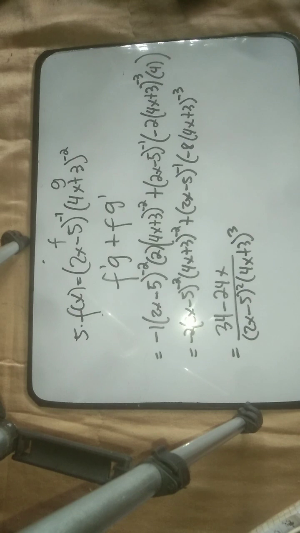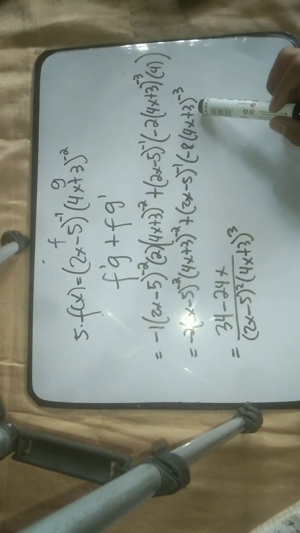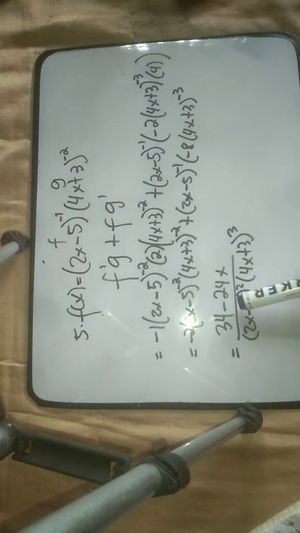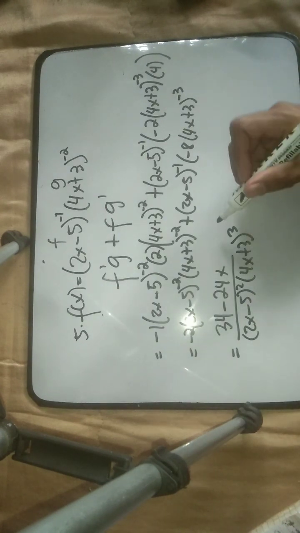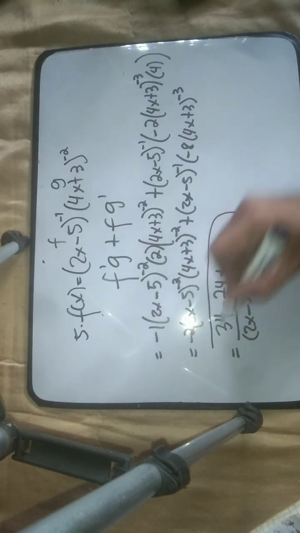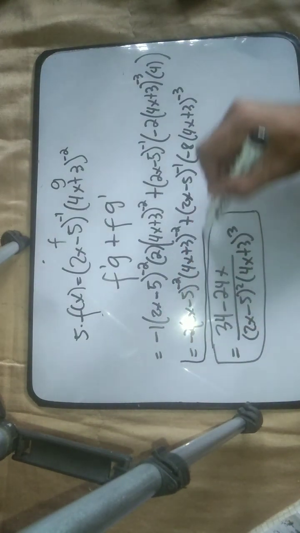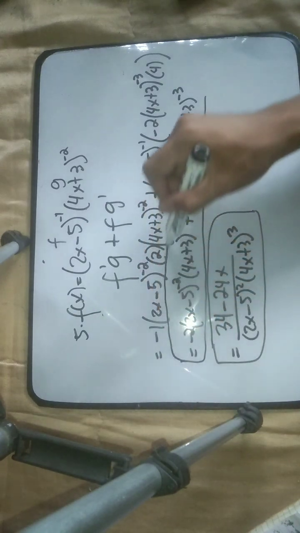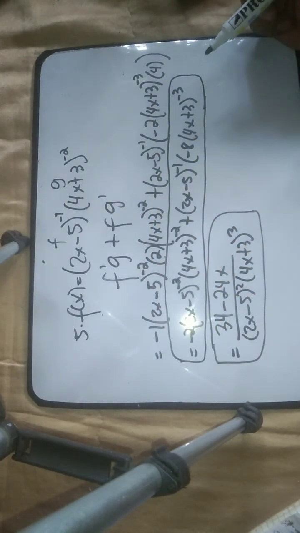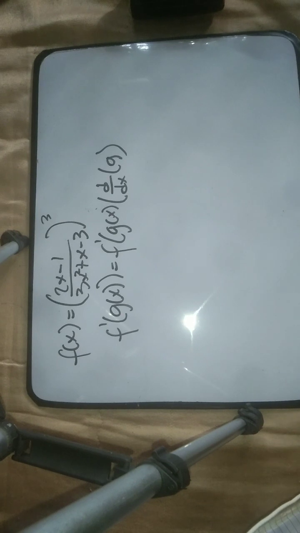By using a scientific calculator to simplify this function, we will get 34 minus 24x over 2x minus 5 raised to the power of 2 multiplied by 4x plus 3 raised to the power of 3. If we use a scientific calculator, we can get this answer, but if we don't use one, we'll still get this simplified form.